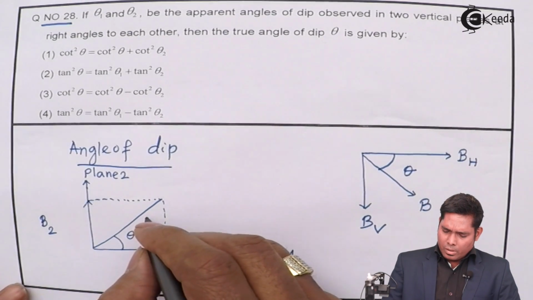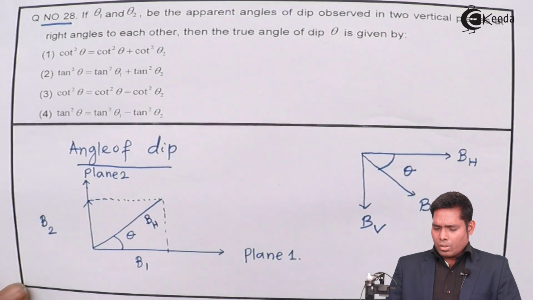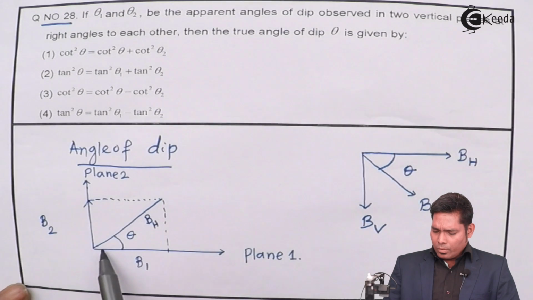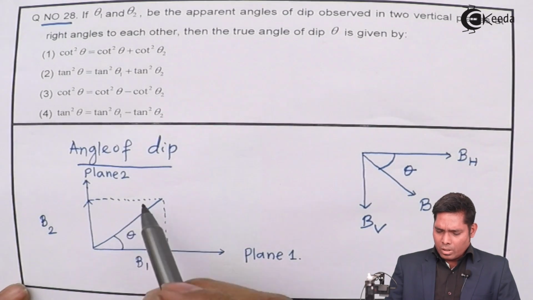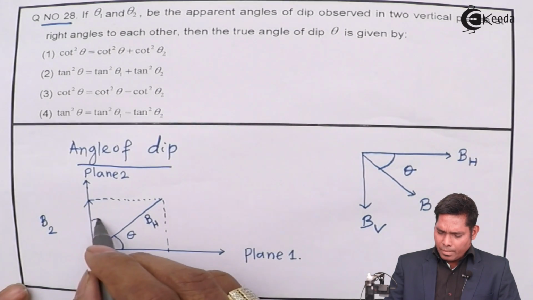This is BH, and in this plane, if this is BH, then this component is BH cos theta, and this is 90 minus theta.